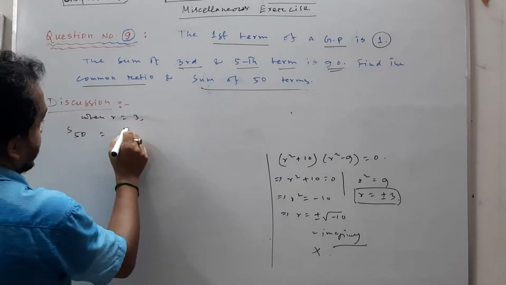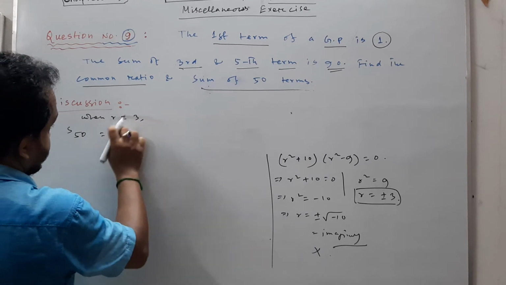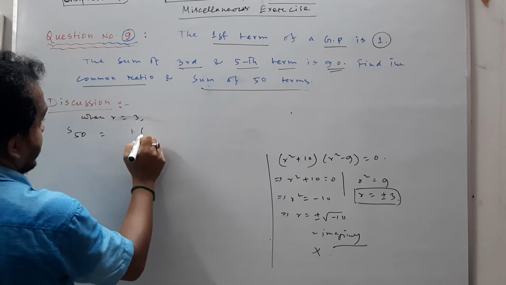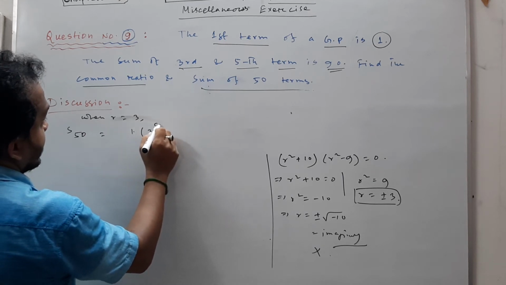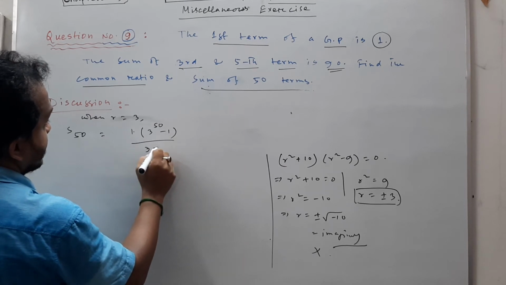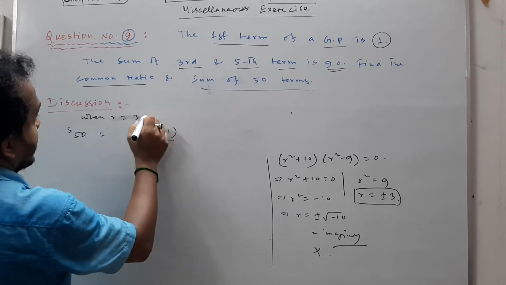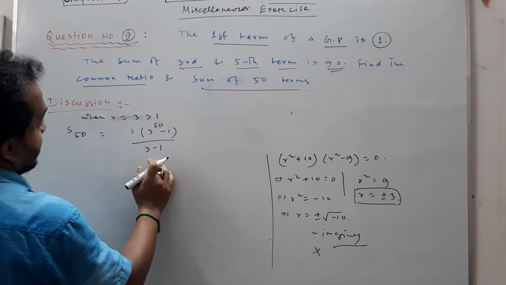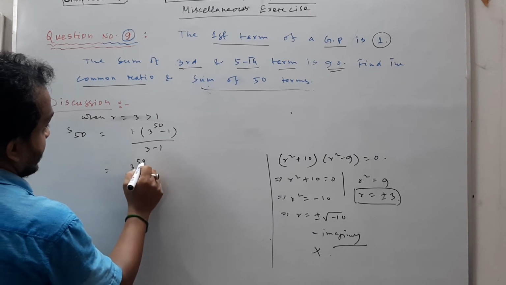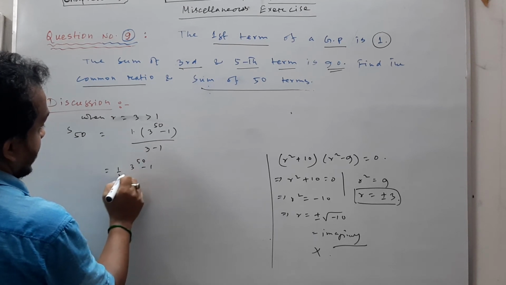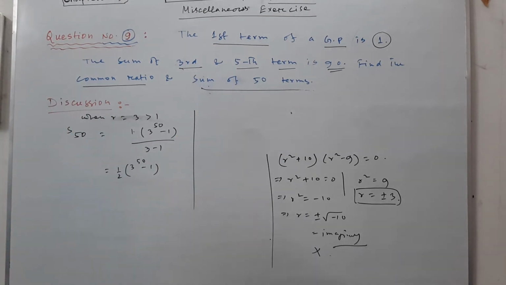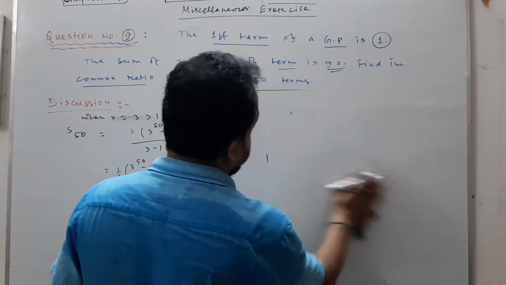S50 is equal to the first term into common ratio power 50 minus 1, divided by 3 minus 1, because here the common ratio R is greater than 1, so we apply this formula. So S50 is 3 power 50 minus 1 into half. This is S50 when R is equal to plus 3.